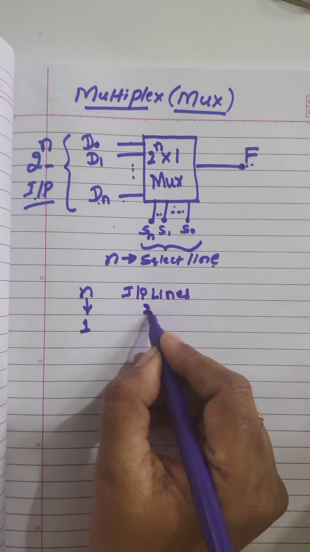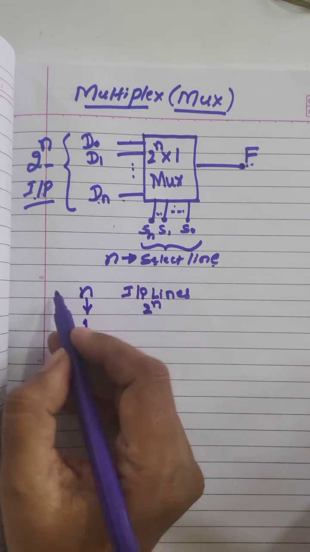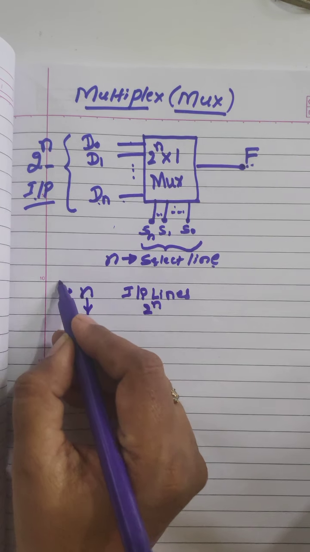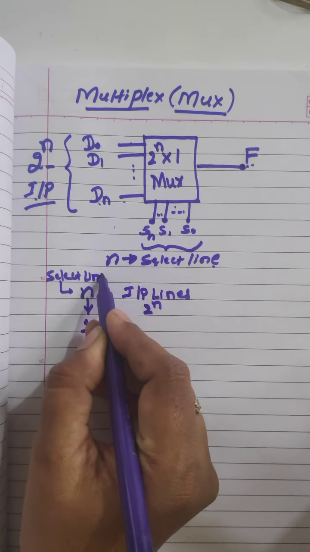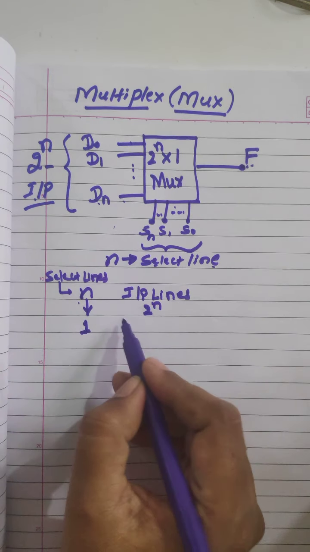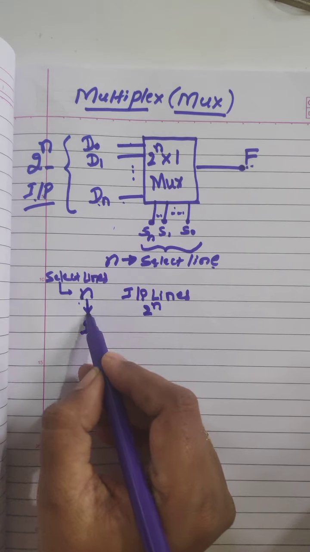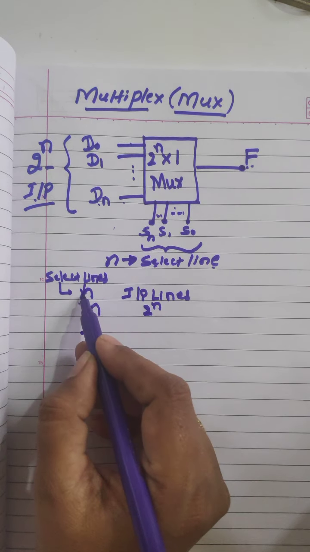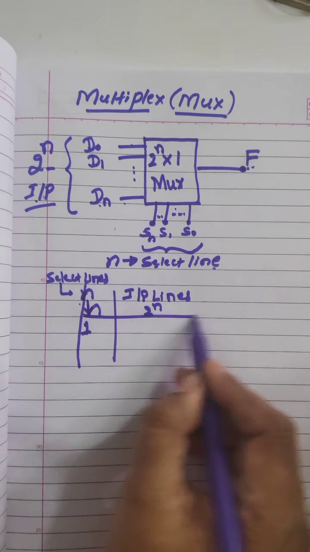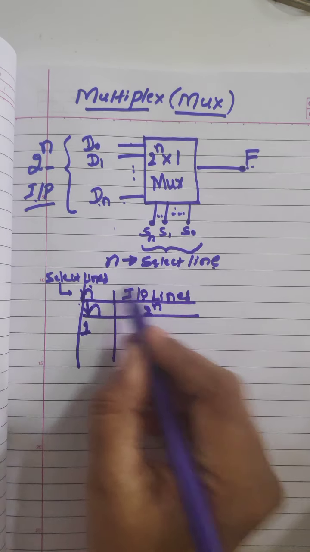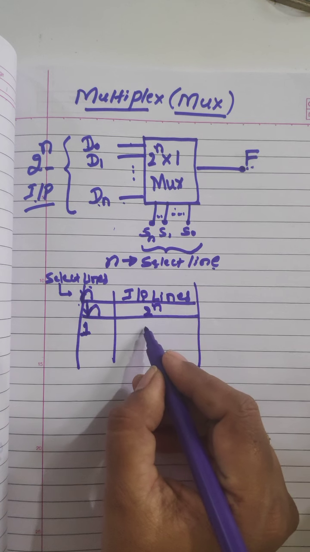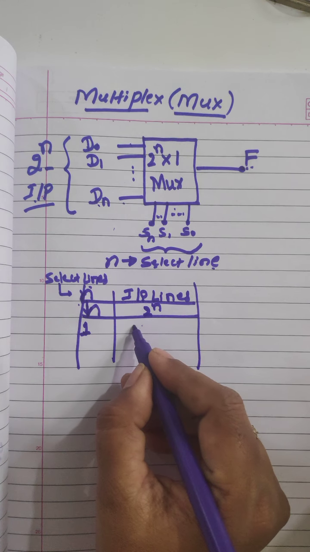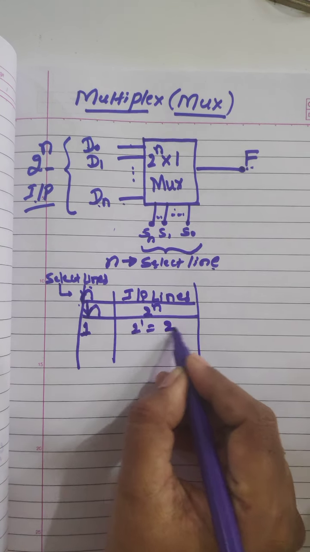Input lines will be 2 raised to n. If n is equal to 1, input lines will be 2 raised to 1, that is 2.